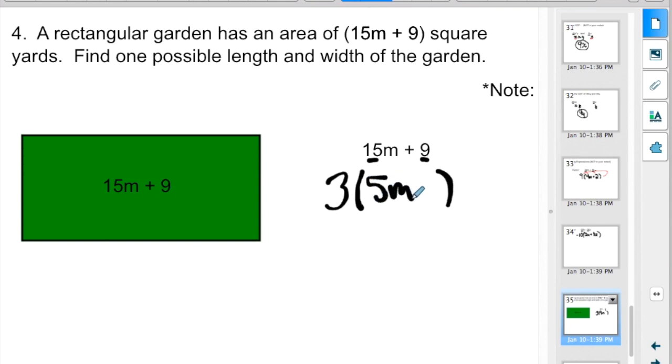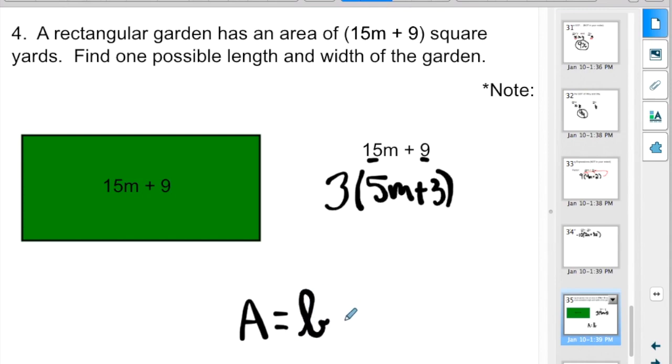And positive 9 divided by positive 3 is positive 3. So here's how we can use that answer to answer my question. This is a little multiplication problem, and we know that area is a multiplication problem as well.